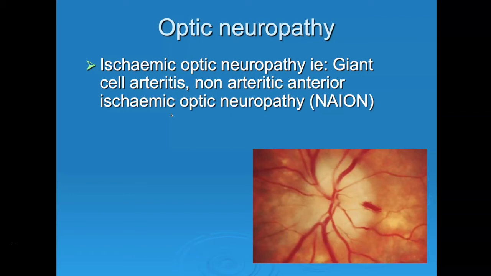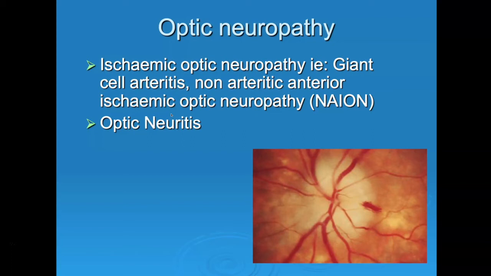So it's important to take a history of polymyalgia and of temporal arteritis, and where necessary, commence high-dose steroids whilst waiting for the results of further tests. By contrast, non-arteritic anterior ischemic optic neuropathy presents in very much the same way, with sudden loss of vision of one eye, but is due to embolism.